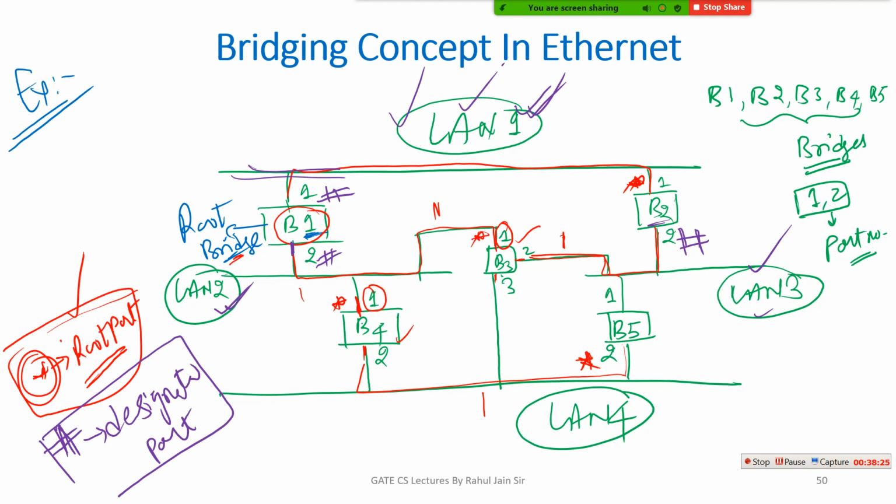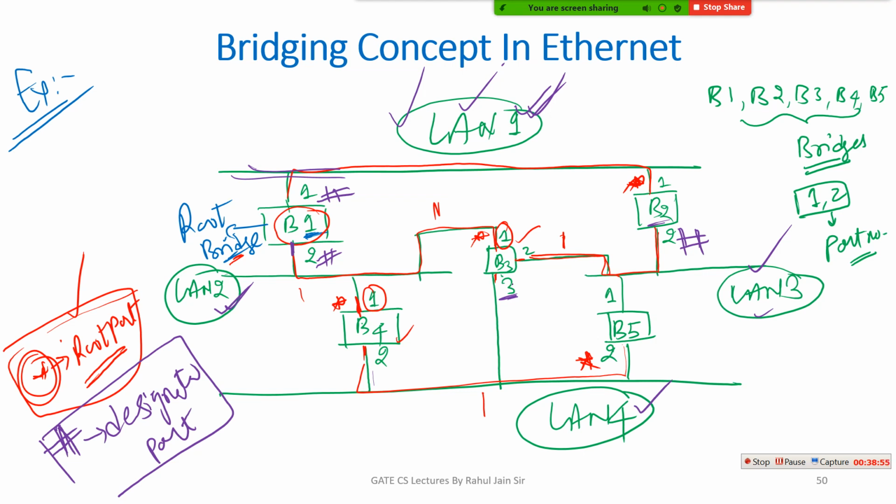Now it is time to discuss the designated port for lane 4. If you see port number 3, it would be the closest one. Why? Because from B3 I can reach B1 directly, from B4 I can also reach B1 directly, and B5 is somewhat not closer.